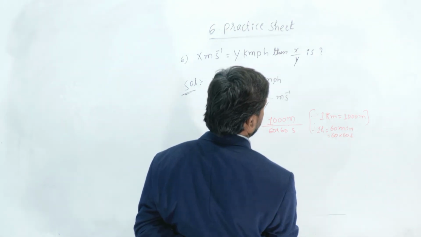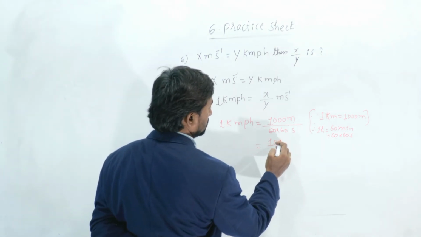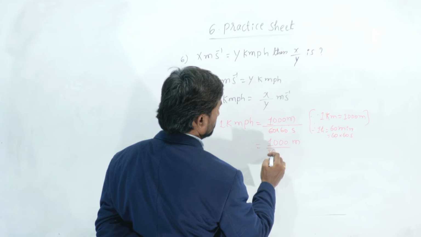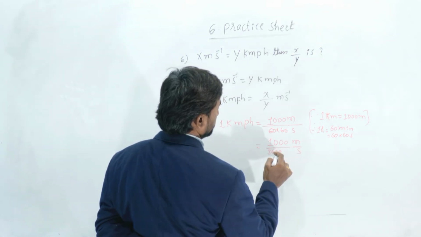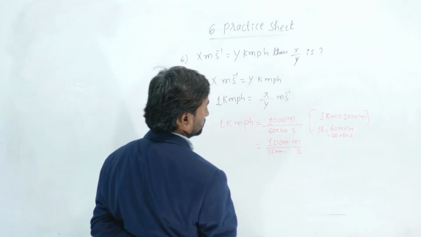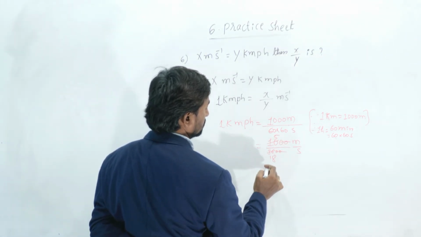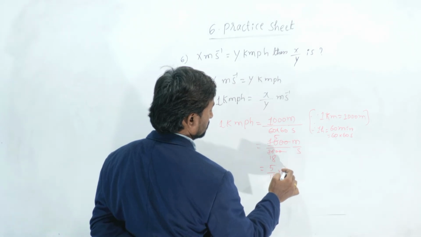So now from this we can write 1000 meters divided by 3600 seconds. We can cancel 2 zeros there. So 2 5s are 10, 2 18s are 36. So therefore we will get 5 by 18 meter per second.